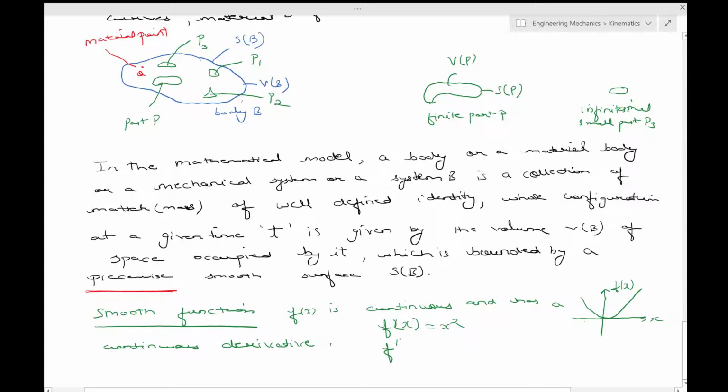So now if you take f dash x, you get 2x, which essentially is something like this. So f dash of x versus x is like this straight line, pardon me if it doesn't look straight to you, let me try to draw. Okay, so this is 2x. This is also continuous. So this is a smooth function. So a smooth function f(x) is continuous and has a continuous derivative.